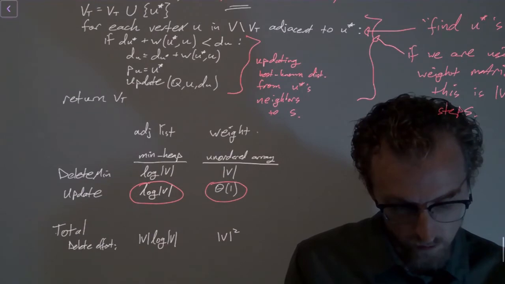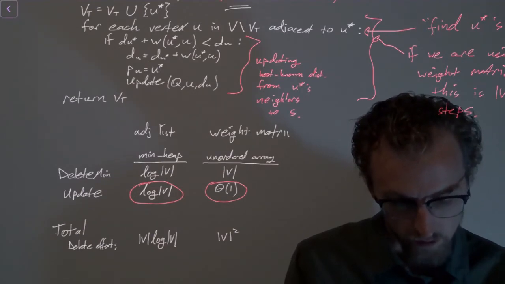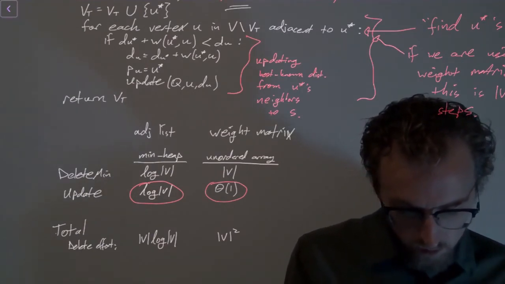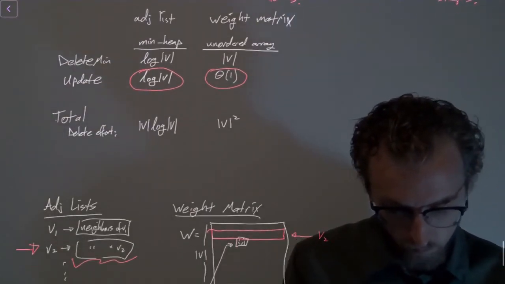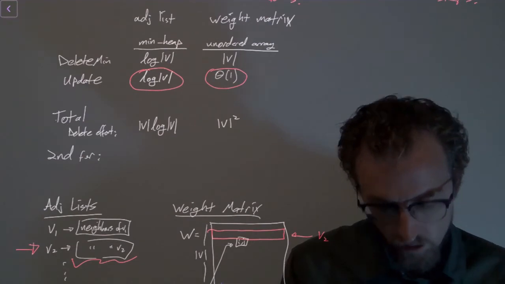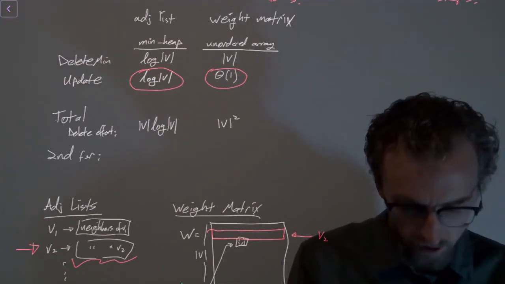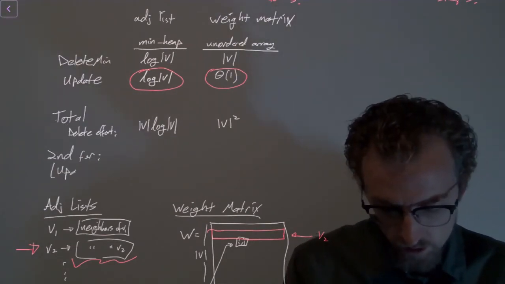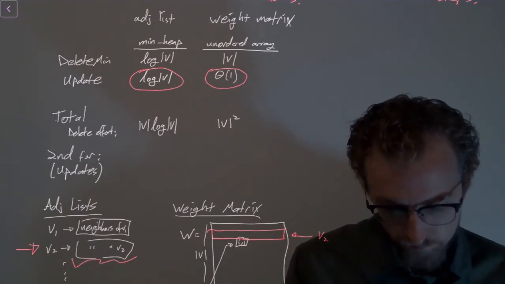So let's focus on the weight matrix first, because that's what we've just been talking about. If we're using a weight matrix, we want to add another row here that says the second for loop. The second for loop is where the updates occur.